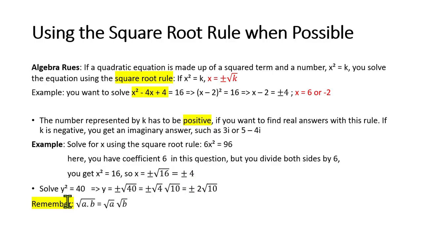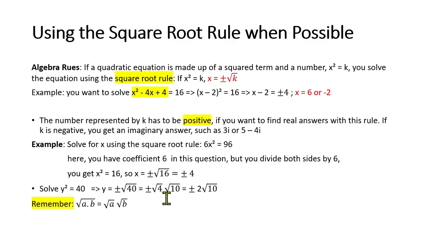Same here, y squared equals 40. So you raise both sides to the 1/2 power, then y equals plus or minus the square root of 40. The square root of 40 is the square root of 4 times 10 inside the radical.